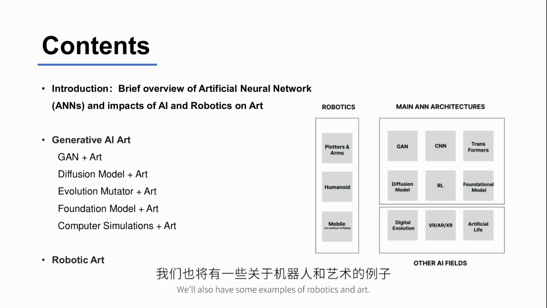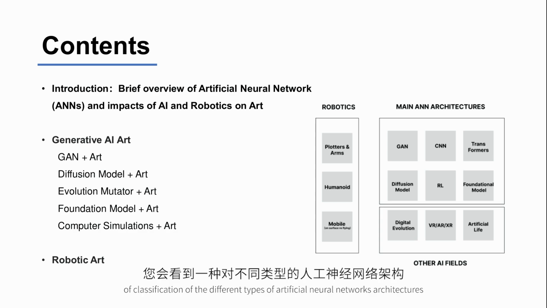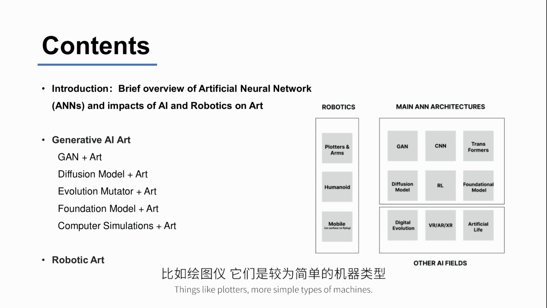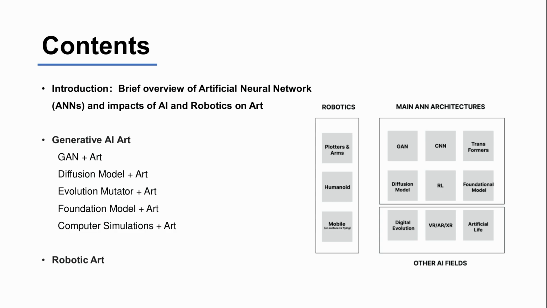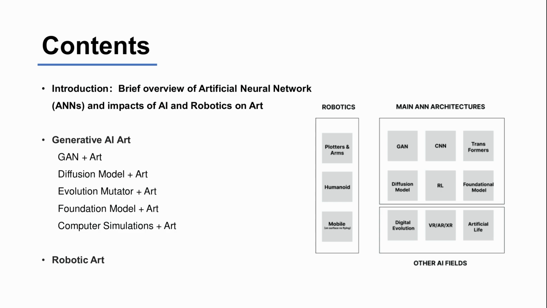We'll also have some examples of robotics and art. And on the right side here on the slide, you see a sort of a classification of the different types of artificial neural networks architectures and different types of robots that we will see some examples. Things like plotters, more simpler type of machines. The most sophisticated today would be humanoid robots, robots that resemble humans in their movements, in their capacities.